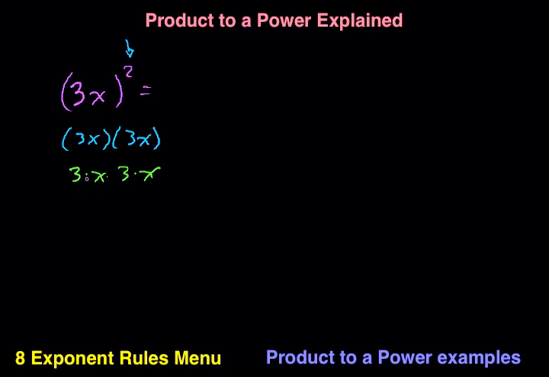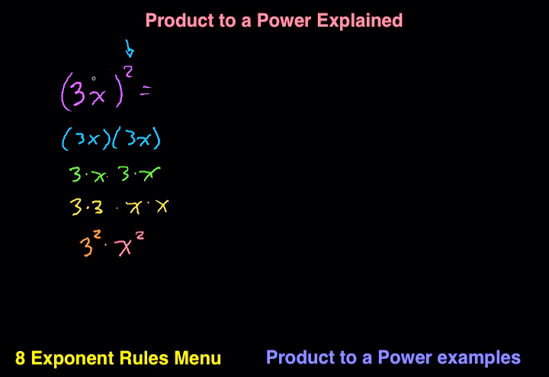We can rearrange this using the commutative property of multiplication to 3 times 3 times x times x. Now obviously 3 times 3 is 9, but we're going to try to come up with a rule that uses exponents, so I'm going to leave those exponents in there. This 3 times 3 is really 3 squared, and this x times x is really x squared.